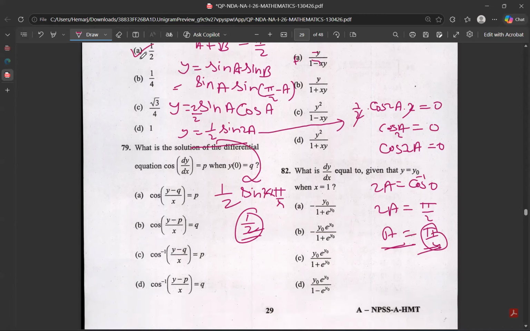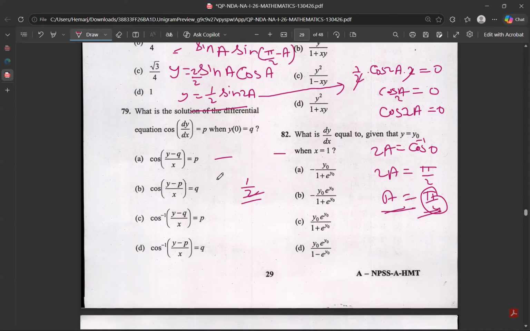Now moving to question number 79. The question is given. We have to basically solve the differential equation, no issues. First of all, find dy by dx. dy by dx will be cos inverse p.